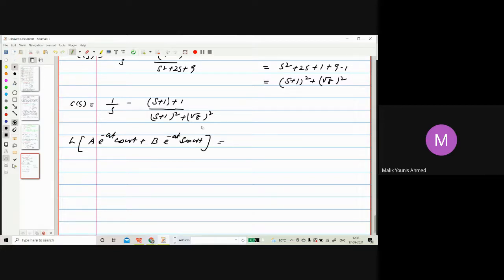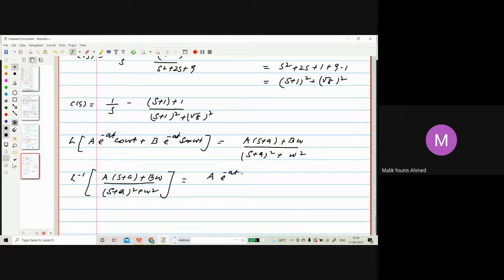This formula together is equal to (a(s+a) plus bω) divided by ((s+a)² plus ω²). So if I take the Laplace inverse of this, I'll be able to get a e^(-at) cos(ωt) plus b e^(-at) sin(ωt).